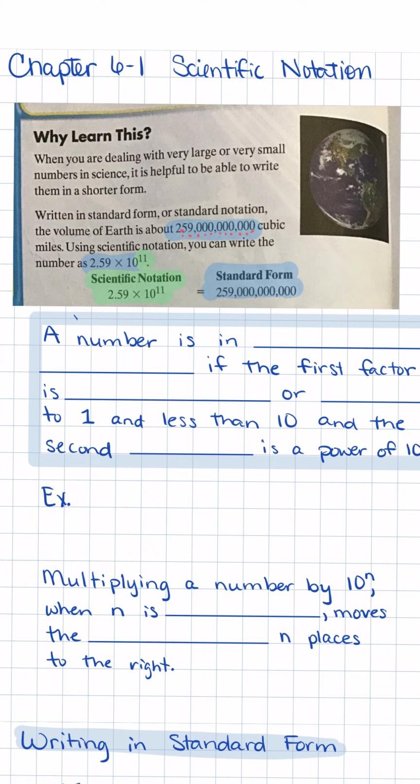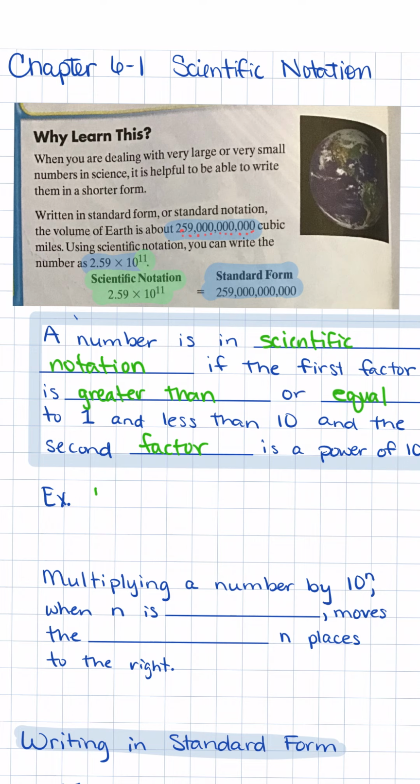So a number is in scientific notation if the first factor is greater than or equal to 1 and less than 10, and the second factor is a power of 10, which means it ends in a bunch of zeros.